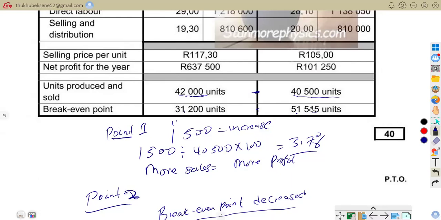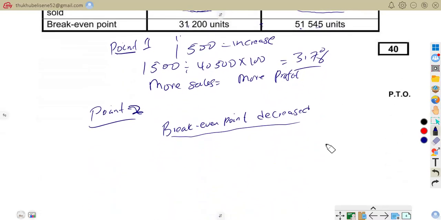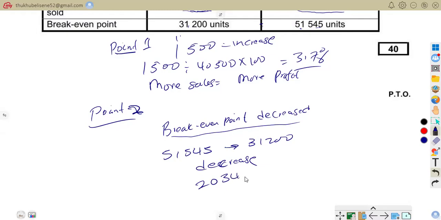Our decrease here is, as we are saying, the break-even point decreased from 51,545 to 31,200. So our decrease is equal to 20,345 units.